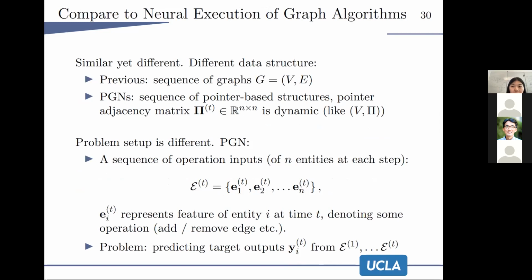Which means that now we are not having a sequence of graphs as the input. We are not specifically targeting graph algorithms. Instead, the problem is extended to pointer-based structures. And for the pointer, we also have an adjacency matrix, but this matrix is dynamic and could change from time to time.